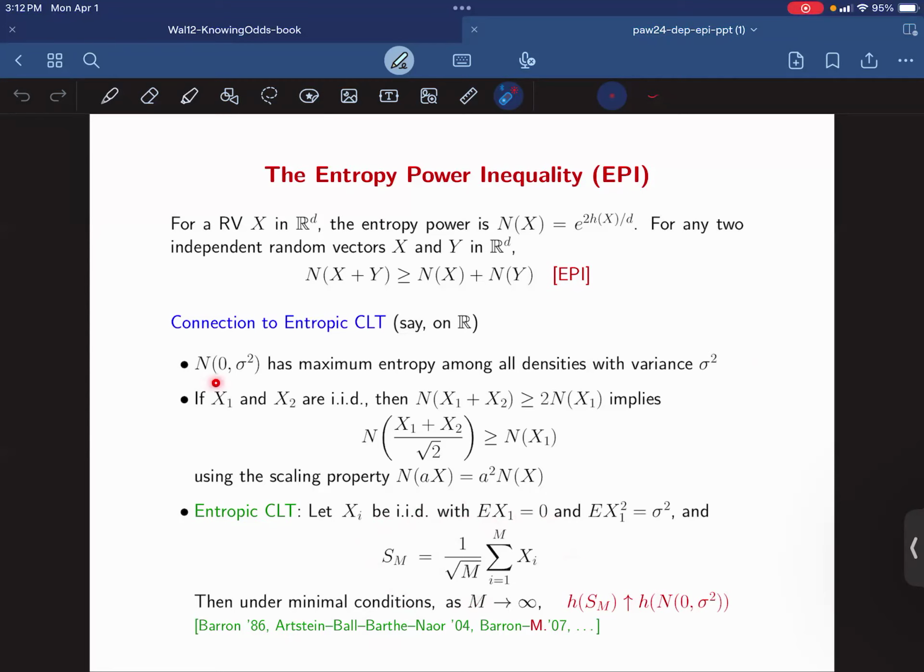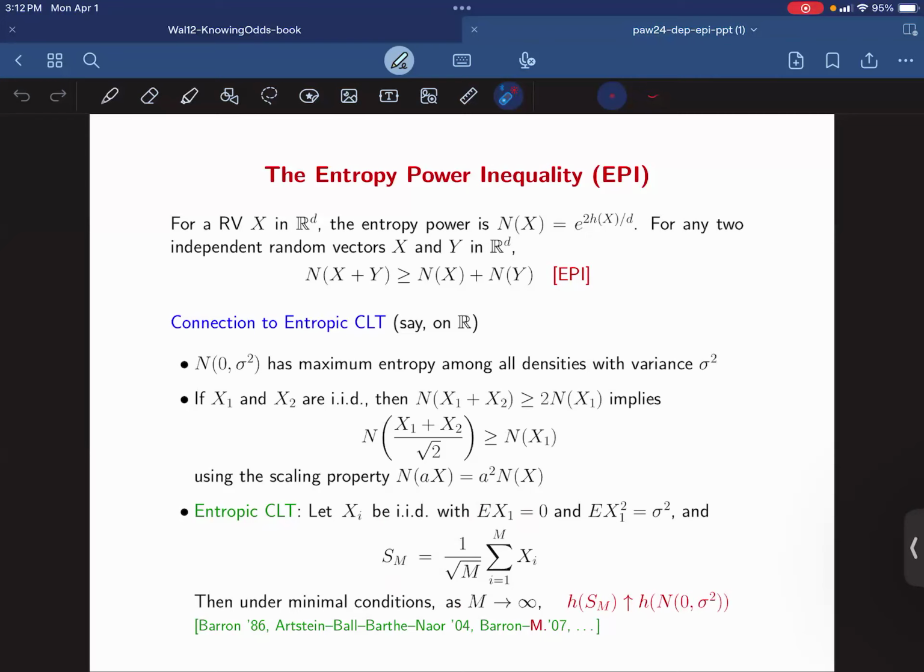And since we already know that the maximum entropy in this class with fixed variance is the Gaussian distribution, it turns out that it increases to the Gaussian entropy. And this was shown actually much earlier. This convergence of entropies was shown by Andrew Barron in 1986. So anyway, this is the entropic central limit theorem.